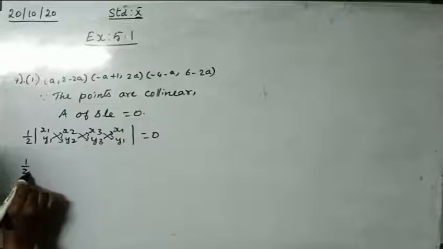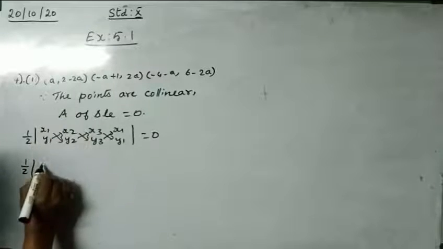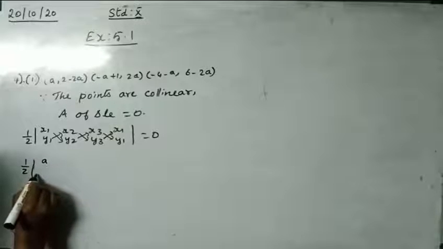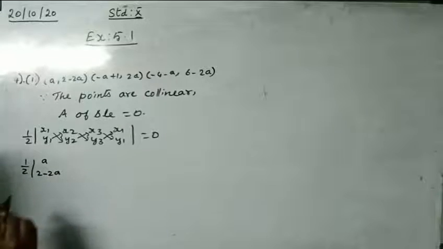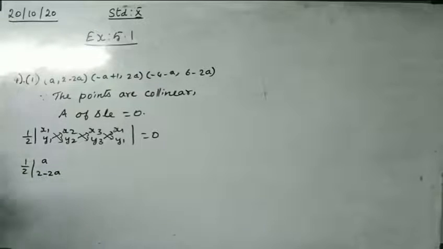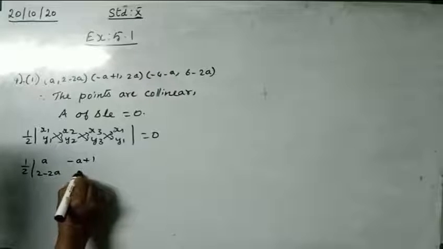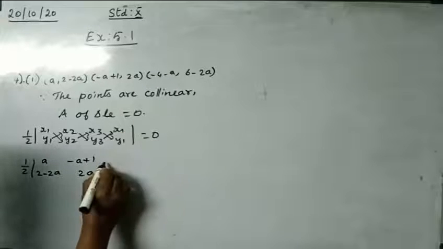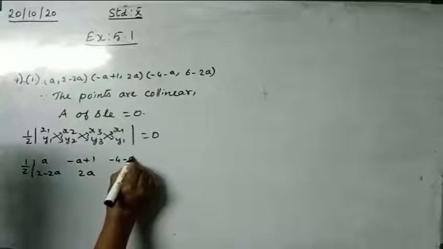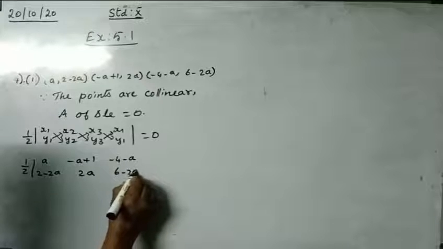So now 1 by 2 modulus of, take the first point a, 2 minus 2a. Be very careful because there is no number, only the variables. And the second point is minus a plus 1 and 2a. Third point minus 4 minus a, 6 minus 2a.